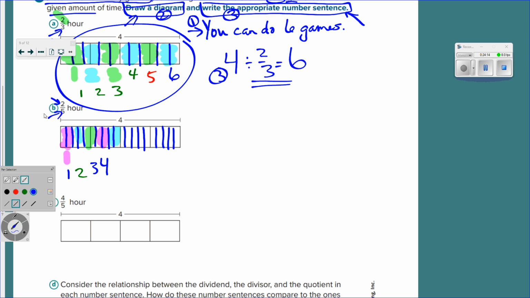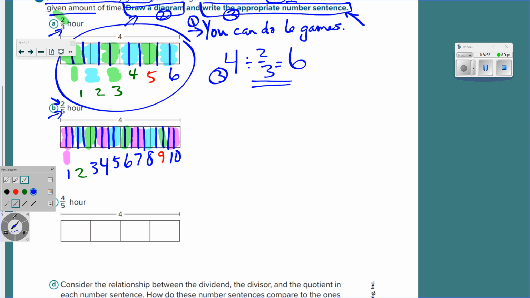My next one, there's 2 more. That puts us at 6. My next one puts us at 7. My next one puts us at 8. Next one puts us at 9. And our last one, if that came out evenly, that puts us at 10.